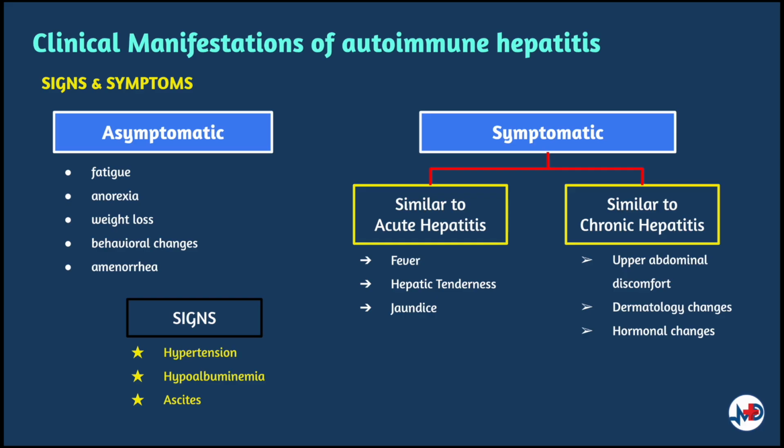It rarely presents as fulminant hepatic failure. Similar to the changes that take place following other causes of hepatitis, about a third of patients with autoimmune hepatitis present with symptoms of acute hepatitis marked by fever, hepatic tenderness, and jaundice.